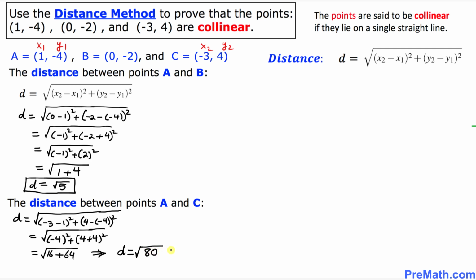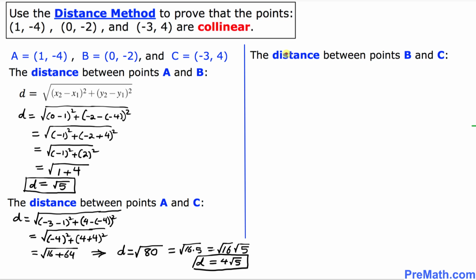And if we simplify this one, we can write 16 times 5, which could be broken down to the square root of 16 times the square root of 5. So the square root of 16 is 4 times the square root of 5. So our distance turns out to be 4 square root of 5.